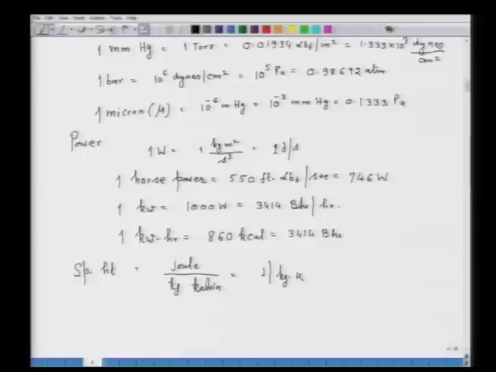Similarly, for other systems, CGS and FPS and MKS, one can derive the units. Now, here some of the prefixes are important. Sometimes there occurs a confusion, so I thought let me give you the prefixes. You write tera, written as T, and its value is 10 to the power 12.